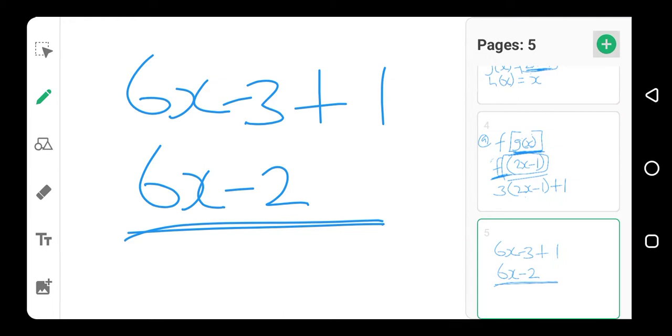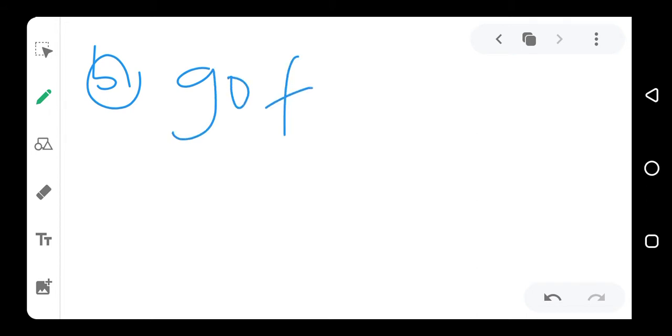Now let's look at B. For B, we write g, this bracket of f of x.